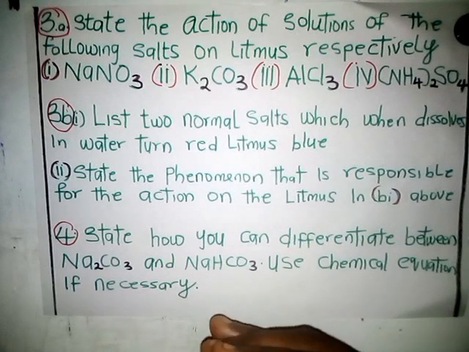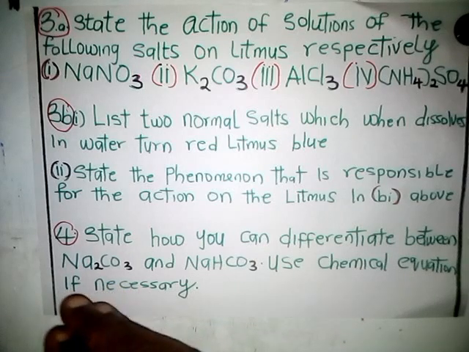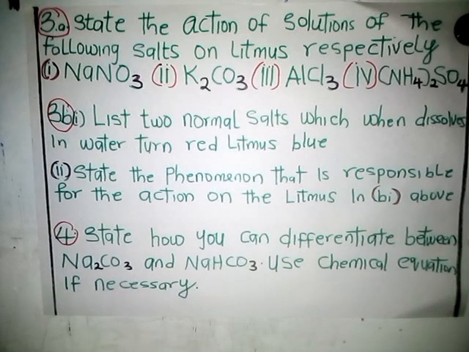If you use phenolphthalein, if you put each of them in separate beakers, you add water, dissolve them, and you add phenolphthalein, of course, sodium carbonate will change to pink, while this one will be colorless. So that's one way to differentiate between both of them.